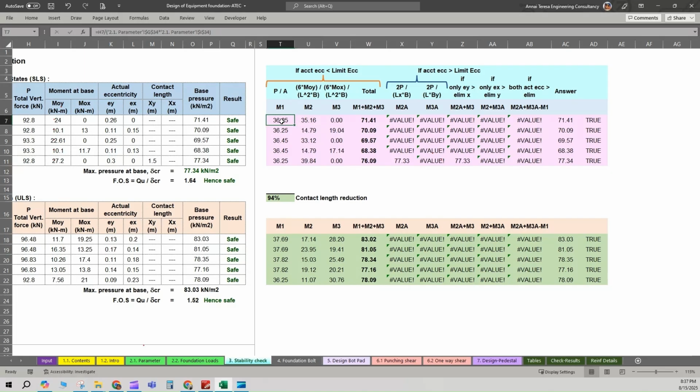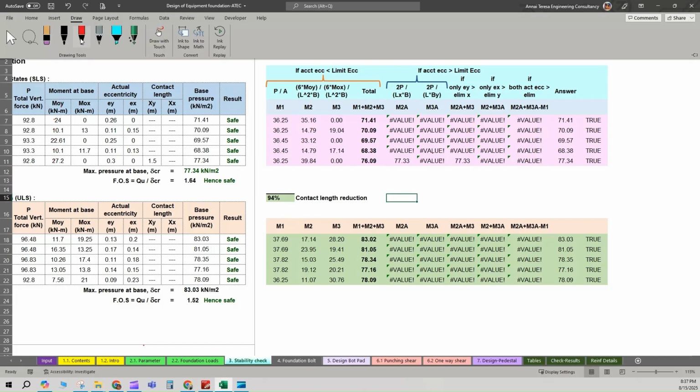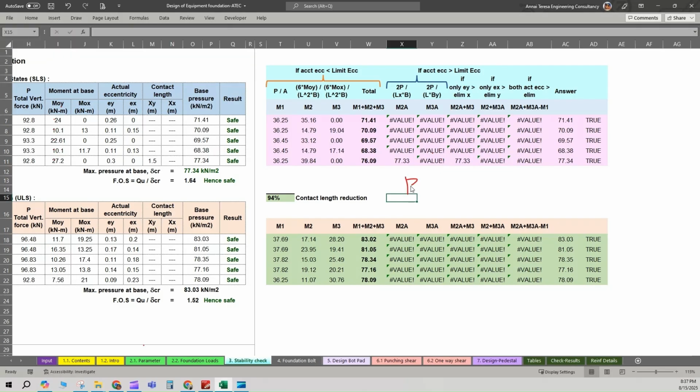See here, first M1. How we arrive at this equation is based upon the bending moment equation. We all know that the bending moment equation is P by A plus or minus M by Z. Here Z is the section modulus, Z equal to BD square by 6.